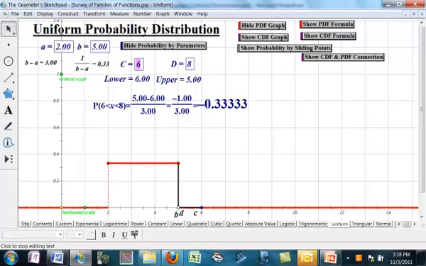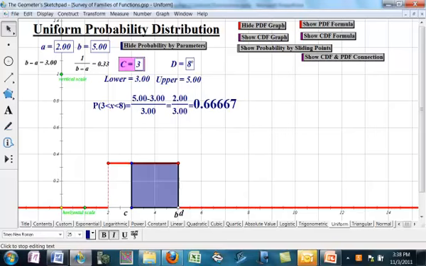So if I go from, say, 3 to, actually it looks like the top is working right, 3 to 8, it's going to knock that 8 down to 5 because there's nothing between 5 and 8. So we're really going from 3 to 5. But let's go ahead and make this something smaller.